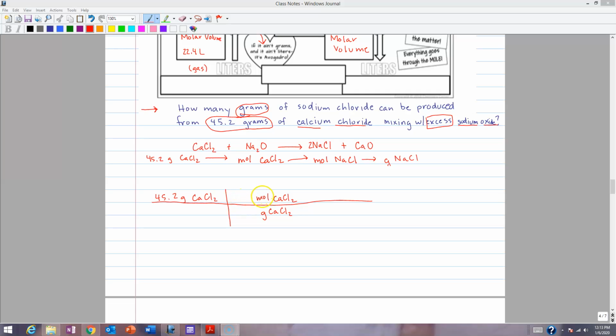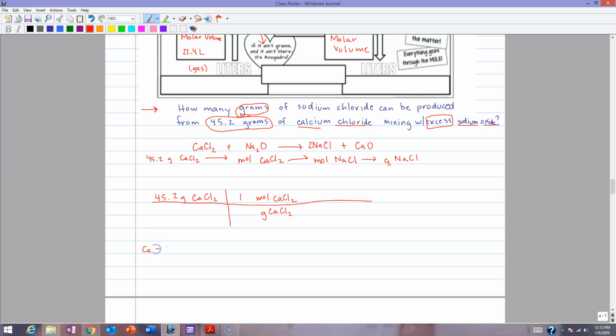Here's a little trick to remember: whenever I have moles in a different unit, the number 1 is going to go in front of the moles. Now, for this one, I've got to go to the periodic table and calculate the molar mass.